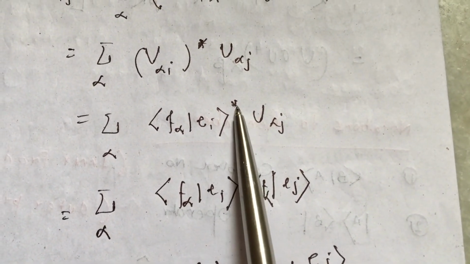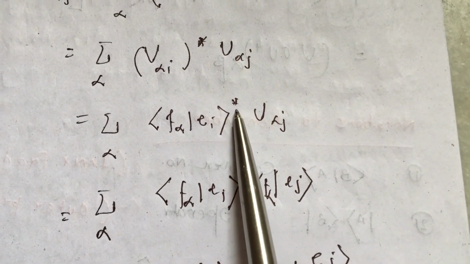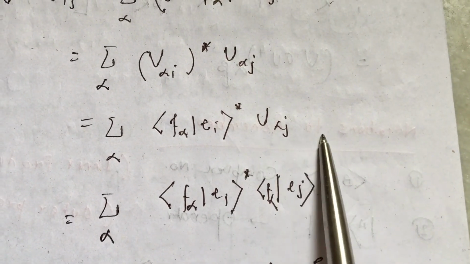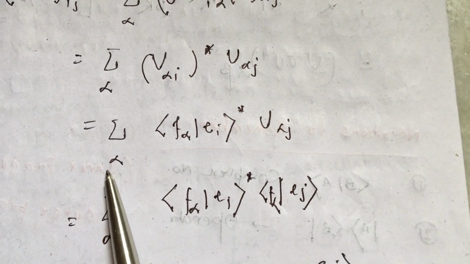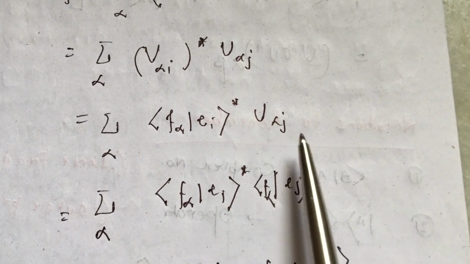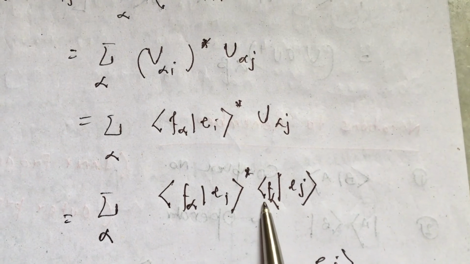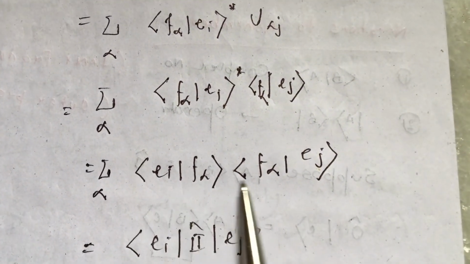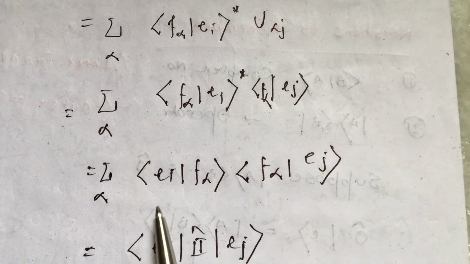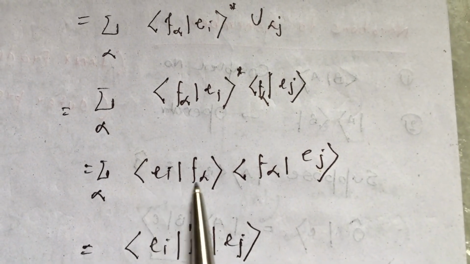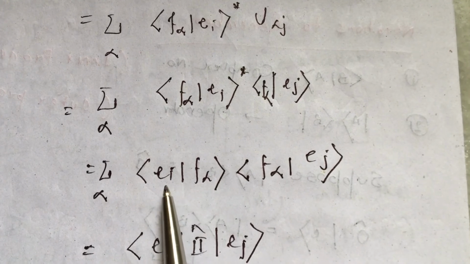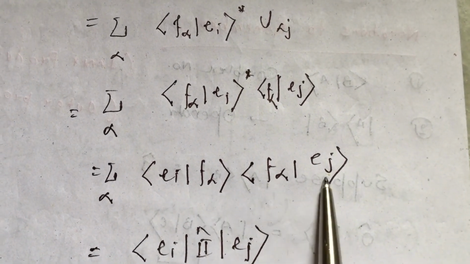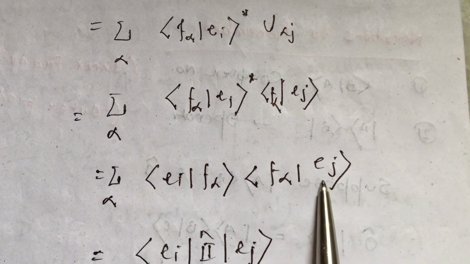The complex conjugation sign is already there, and U alpha j is there, summation over alpha. And in place of U alpha j, similarly we can write f_alpha e_j. So in the next step, it is the scalar product of e_i f_alpha and the scalar product of f_alpha e_j.